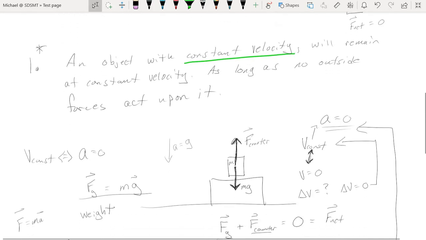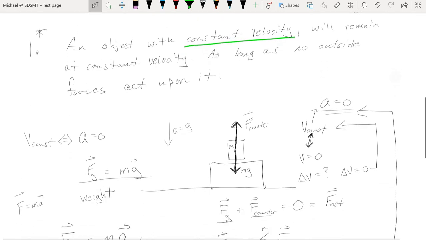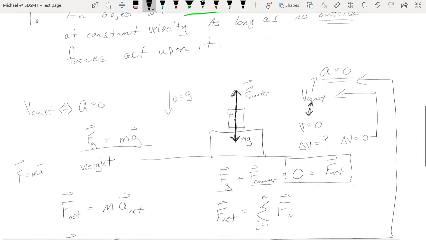But we can now see that we can achieve the same thing and still have outside forces acting on the mass. The condition is that those outside forces have to add together to produce a net outcome of zero.